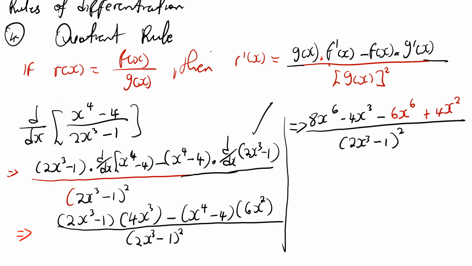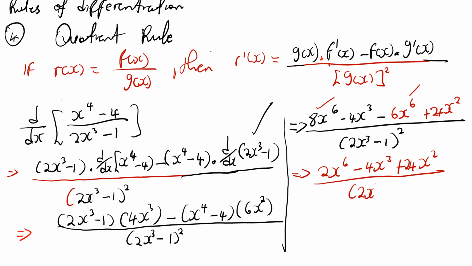So we have like terms now; these two are like terms. Then we have 2x to the exponent of 6 minus 4x cubed plus 24x squared, sorry, it is 24x squared, because 4 multiplied by 6 gives us 24, all over 2x cubed minus 1 all squared. So this is our final answer.